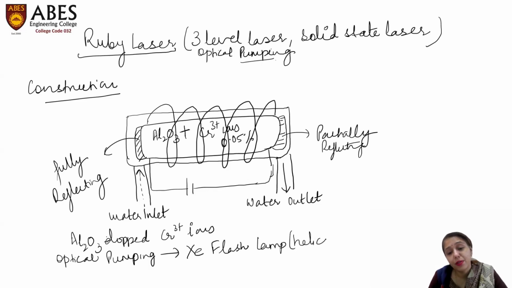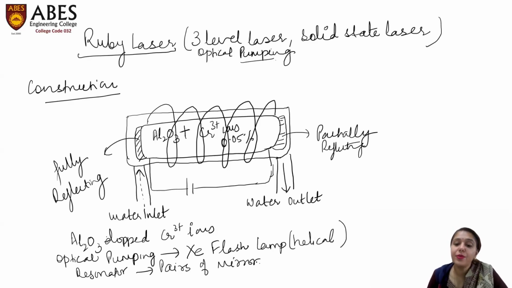Helical is very important so that an equal number of photons can go and be incident with equal energy on the chromium ions. And the third one is the resonator, or optical resonator. That is a pair of mirrors. One is completely reflecting and the other is partially reflecting. This helps in amplifying the number of coherent photons.